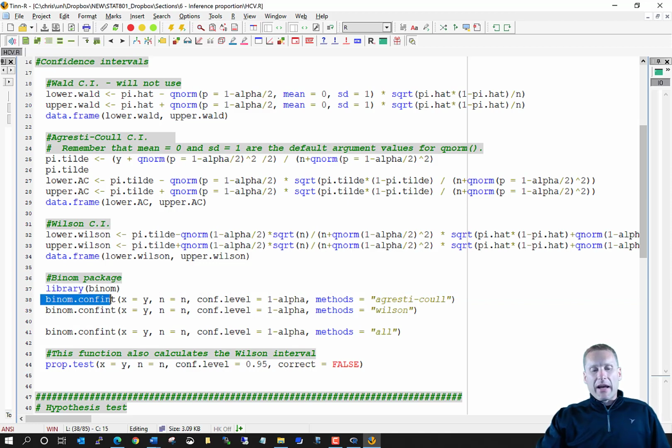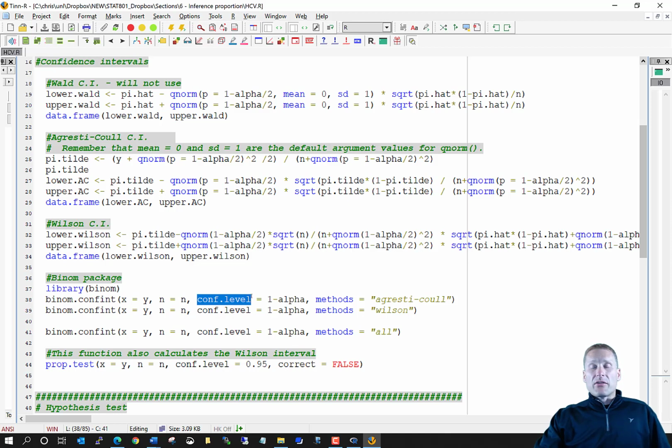And inside this package, there's a function called binom.confint. And for the x argument, you put your number of successes. For the n argument, you put the number of trials. So again, number of successes here, I just use it as a general term, would be the number of people who are infected with the disease. n is the number of people that were sampled.